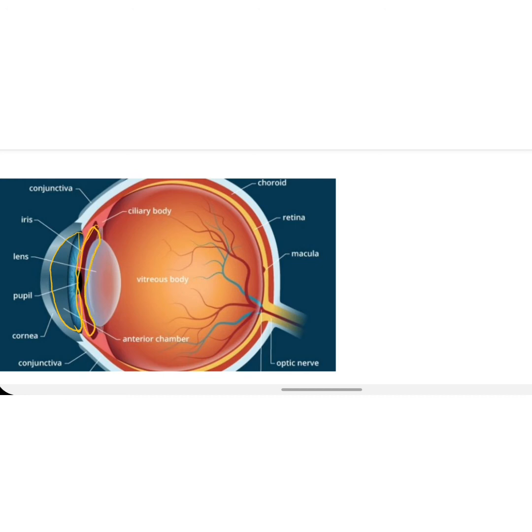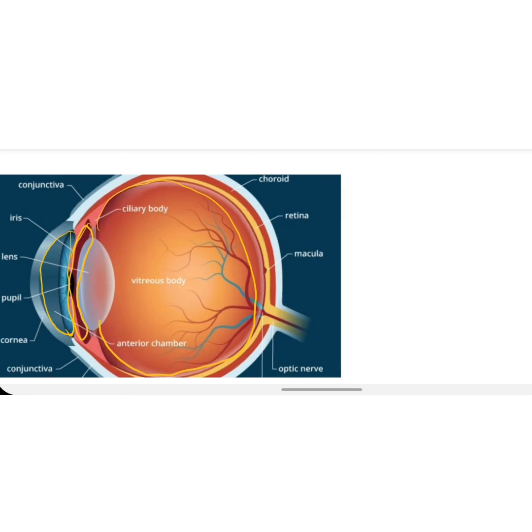Our anterior chamber is bounded in front by the posterior surface of the cornea and behind by the anterior surface of the iris and the crystalline lens, and our posterior chamber is bounded in front by the posterior surface of the iris and ciliary body, and behind by the anterior surface of the crystalline lens. This one is our posterior segment.